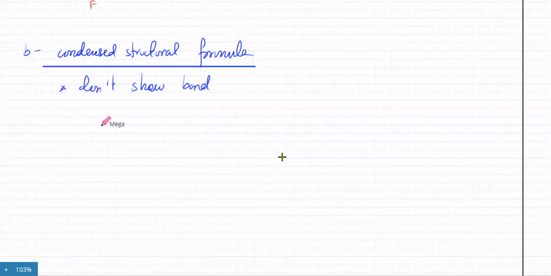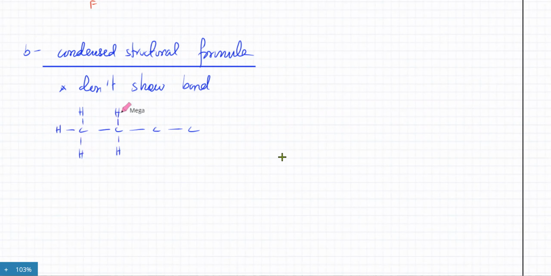For example, if I have a molecule like this, there is CH3 and CH2, and a double bond O and a CH3, right?